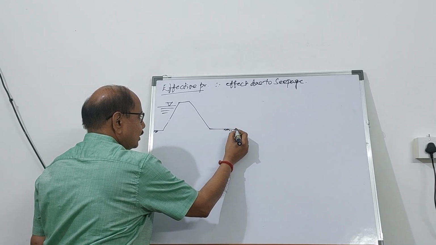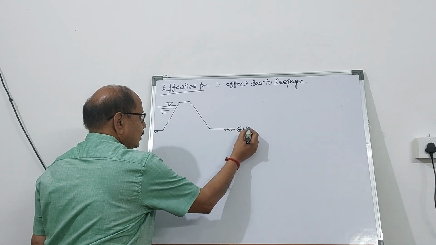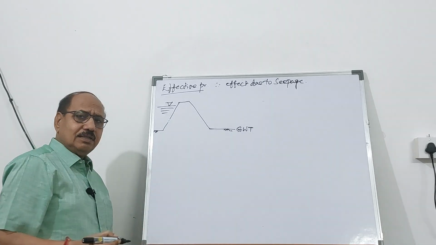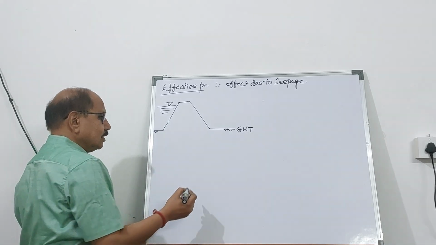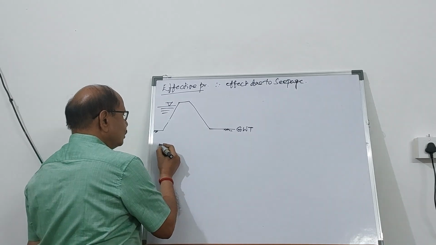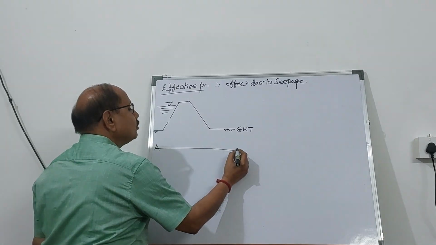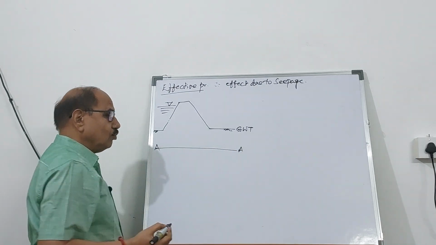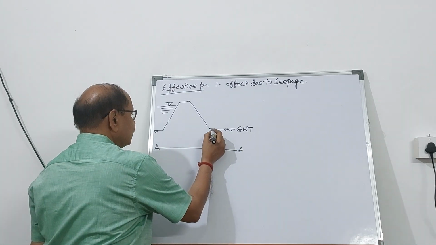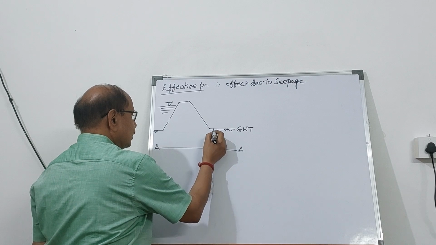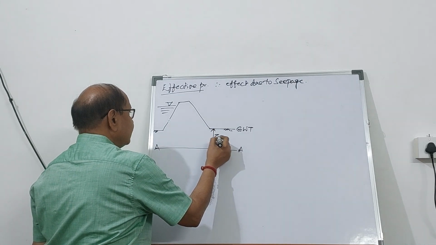So the groundwater table is somewhere here. If I go to any layer, say I go to A, which is at a particular distance, let's say this Z distance.